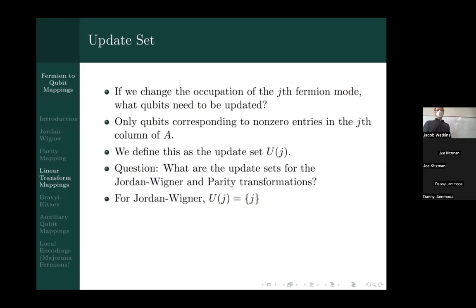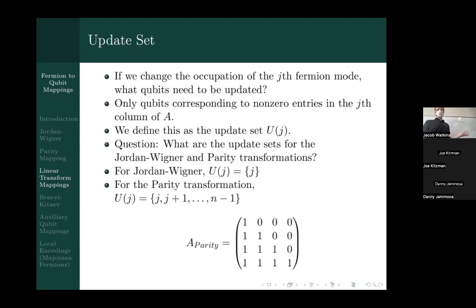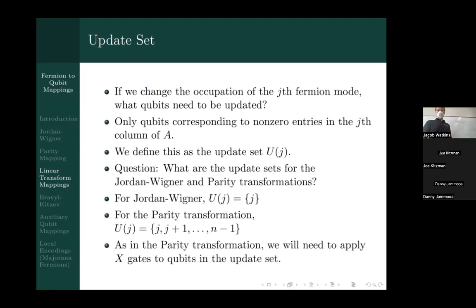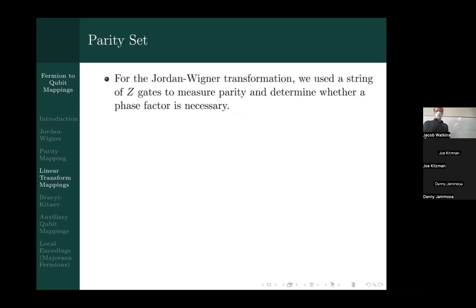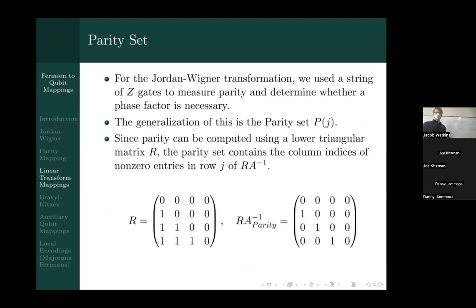For Jordan-Wigner, it's just J, as we discussed. And like we needed in the parity transformation, we apply X gates to qubits in the update set to change their state. So now the parity set. In Jordan-Wigner, we needed the Z string to measure parity. And we generalize this to what we call a parity set.